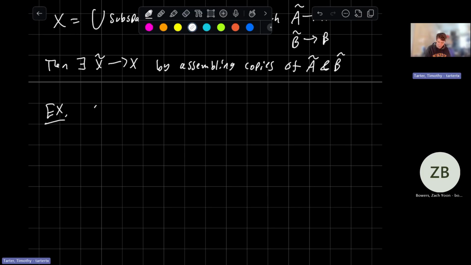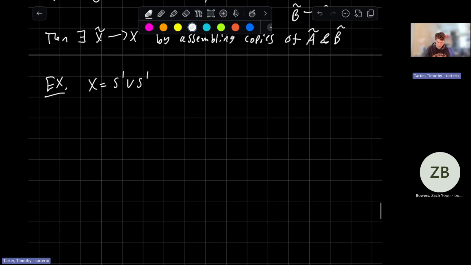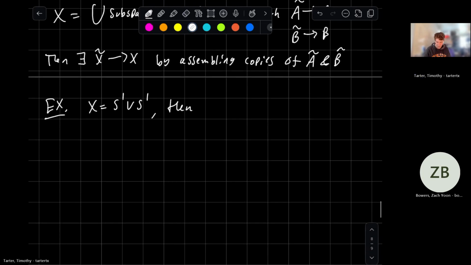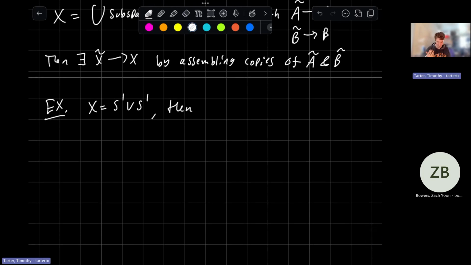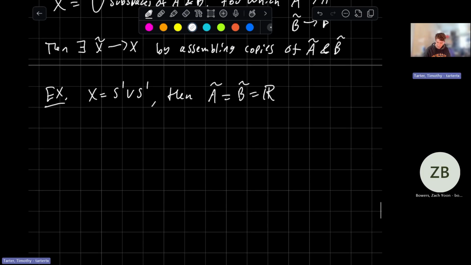So as an example, the wedge product of two circles. Then the covering space is, oh, this is the example that I gave previously, when we first started asking why we care about covering spaces.